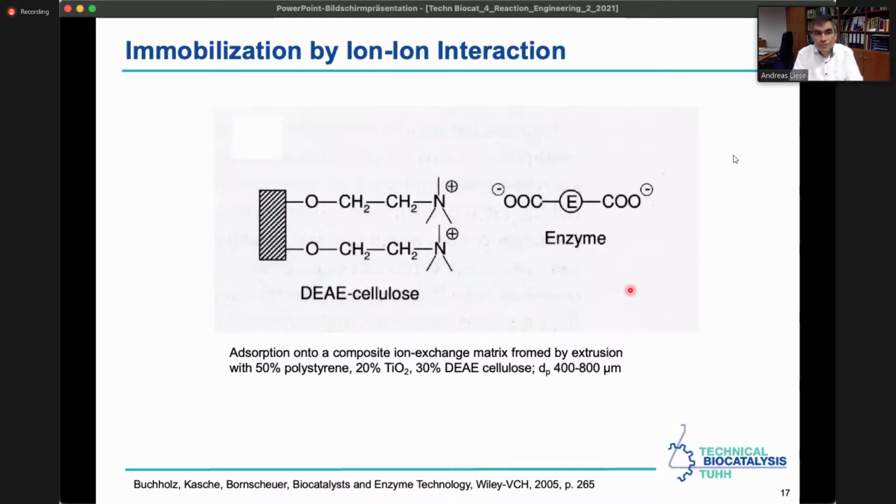The other alternative in view of entrapment is most often used ion-ion interaction, so that's adsorption or weak interactions. And this makes use of the fact that proteins have a surface charge. Different proteins have different surface charges, absolutely, as well as in view of positive or negative.